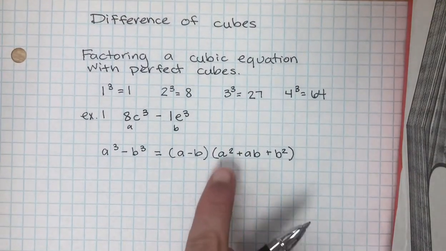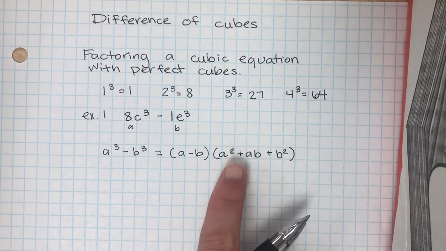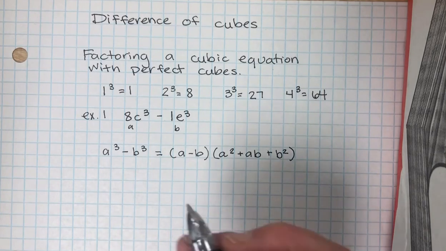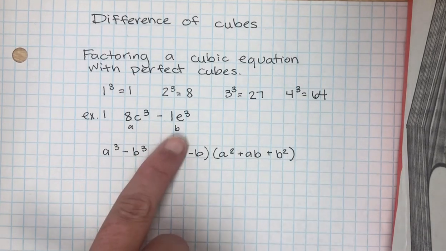And sometimes you might be able to factor out these equations, especially if it's got the minus and the plus. A lot of times you can factor those out the rest of the way. But we're just going to use this template for today.